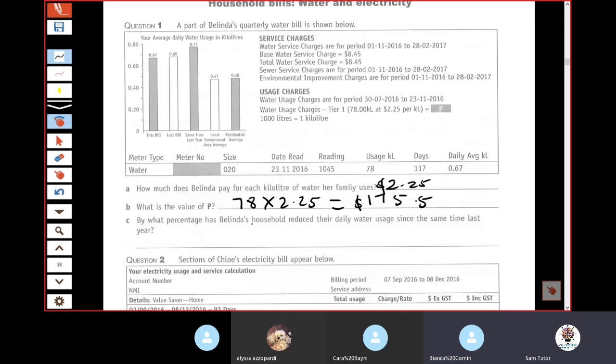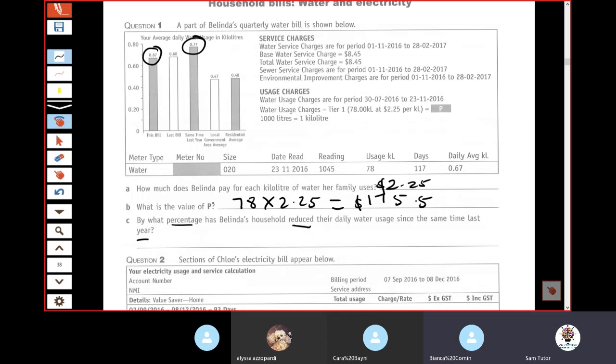By what percentage has Belinda's household reduced their daily water usage since the same time last year? Okay, well, the daily water usage on this bill was 0.67. What was the same time last year? Not 0.68, it would be 0.77, right?